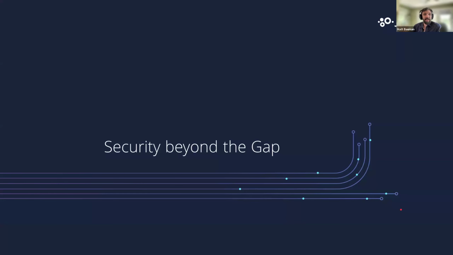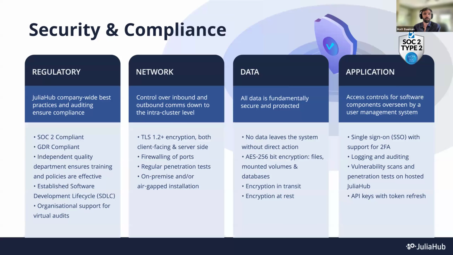So, of course, an air gap is just the beginning of a security stance that your organization needs. And if you could go to the next slide, Luke, we can see that this is just one aspect of where we see security and compliance as an organization at large. We care deeply about this. You can find many more details about our security and compliance stance on trust.juliahub.com.